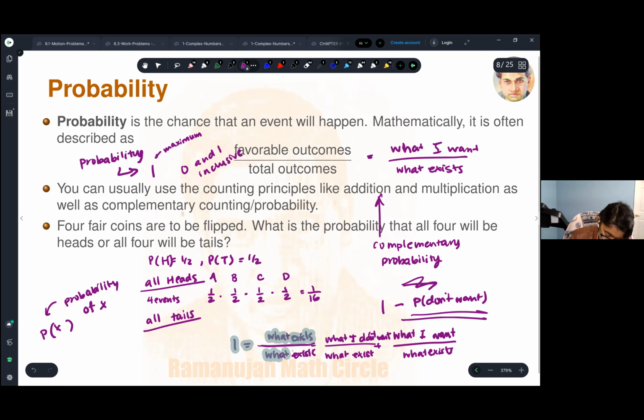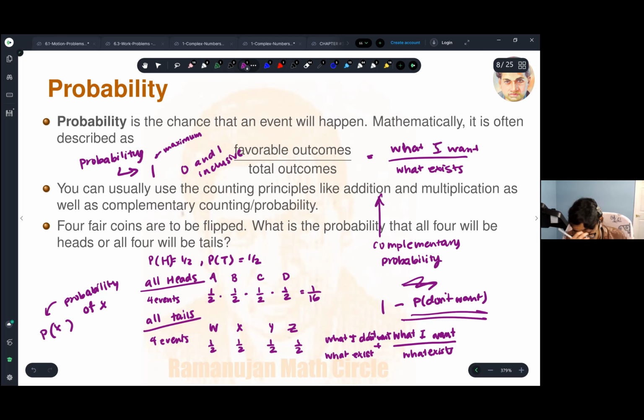So similarly, we can do the case for all tails. There are 4 events again. I'm going to call them W, X, Y, and Z. So it's the first flip, second flip, third flip, fourth flip, and for each flip you have half a probability to get tails. We want all 4 of them to occur, so we multiply, and that's 1/16.